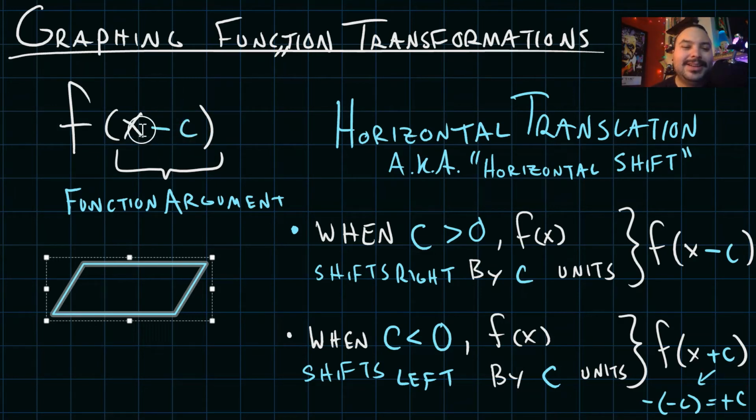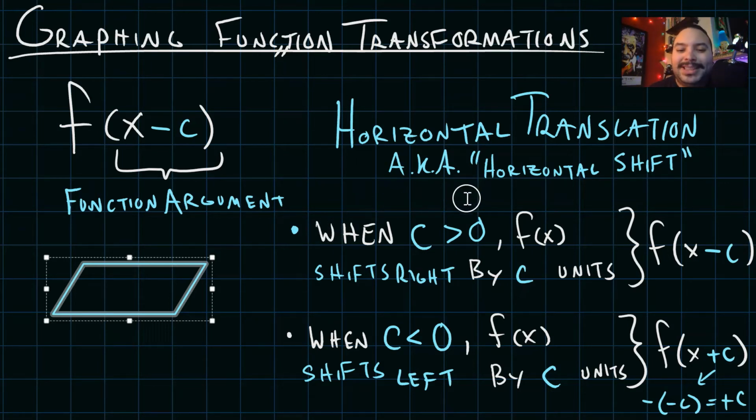As you can see here, we have x minus c. Minus a negative, you can really think of as being the opposite of a number. So, for example, the opposite of the number 5 is -5. Because of that idea, the values are going to kind of be backwards from what you might think. Let me explain.